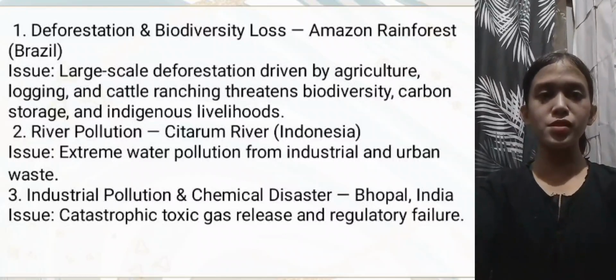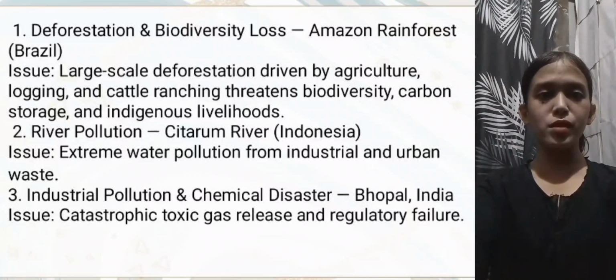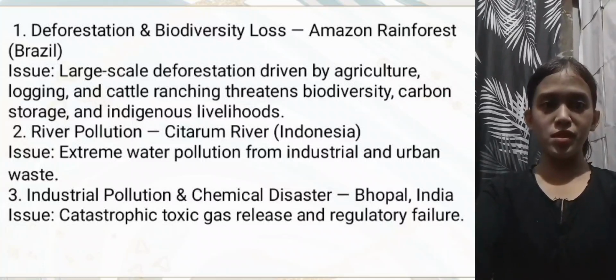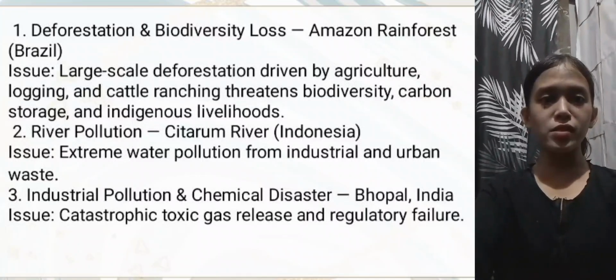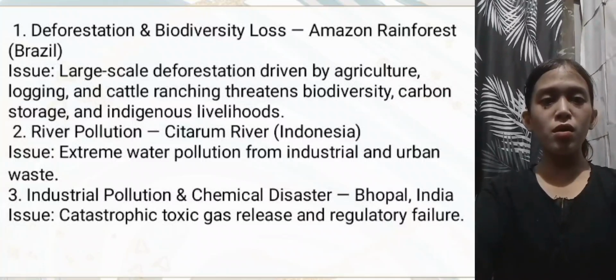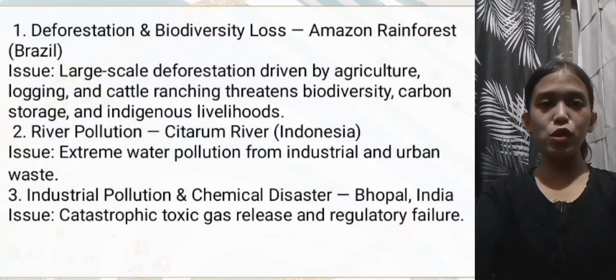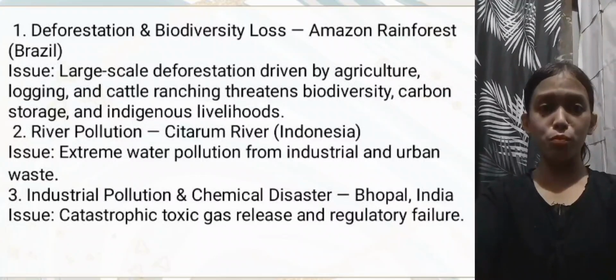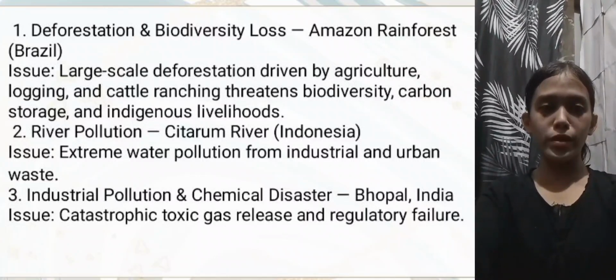Number 3 is industrial pollution and chemical disaster in Bhopal, India. So the issue for this is a catastrophic toxic gas release and regulatory failure. In 1984, a factory in Bhopal released a toxic gas into the air due to poor safety and weak government control.